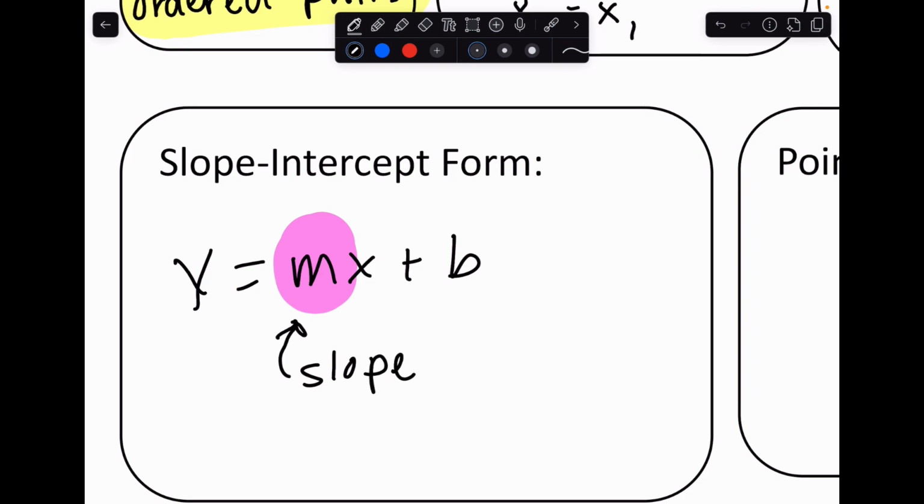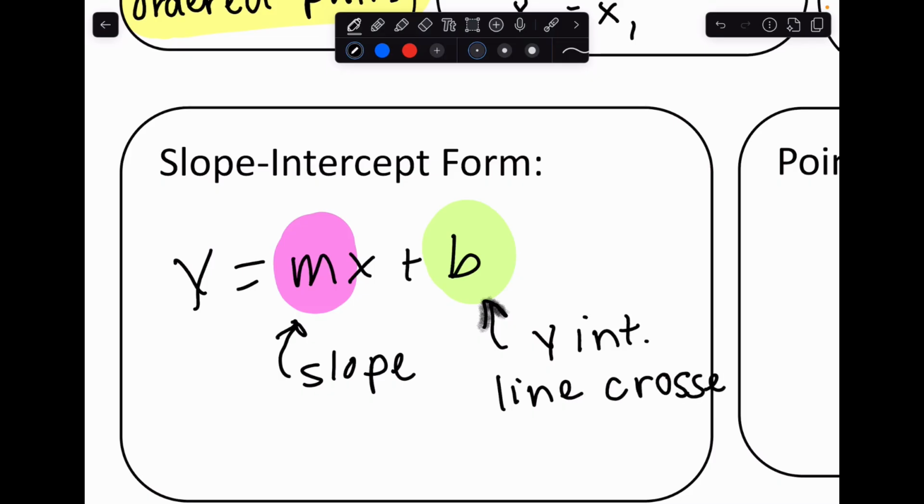And our b is that y-intercept where our line crosses the y-axis. Okay, that's why it's called a y-intercept, because it's where our line crosses the y-axis.